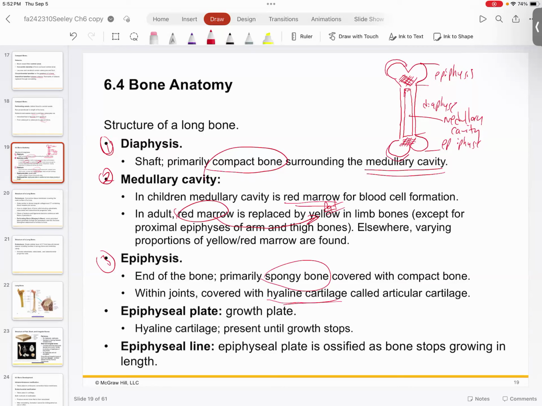So this would be like articular cartilage. Now, generally speaking, at the interface between the medullary cavity and the beginning of the epiphysis is a region right in here. I'm going to make this a different color on either side. And this is what's called the epiphyseal plate.